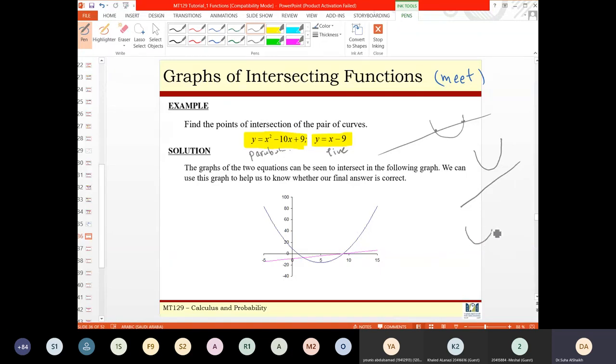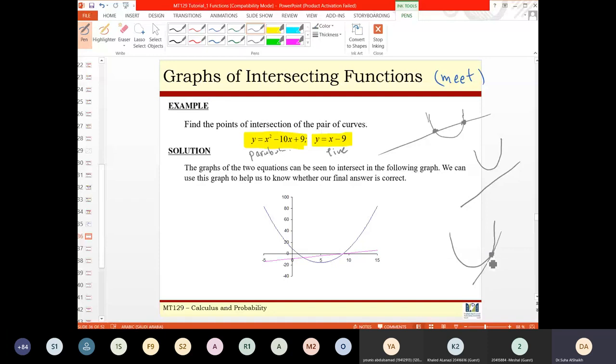Or maybe this is my parabola and this is my line, and it is just touching at 1 point. Right? I have 3 cases. Either the line is actually cutting my parabola completely, so I have 2 points of intersection, or my parabola is up and my line is down, so they will never meet, or they will meet at 1 point.